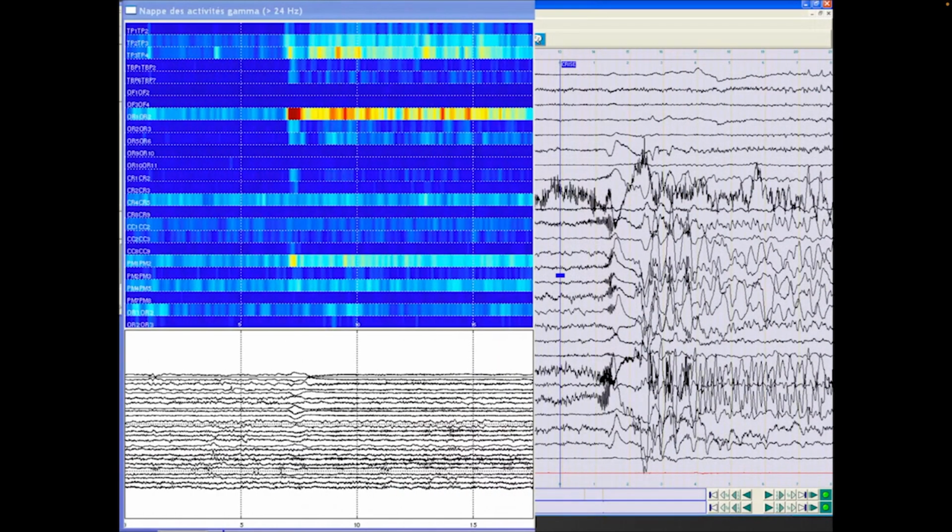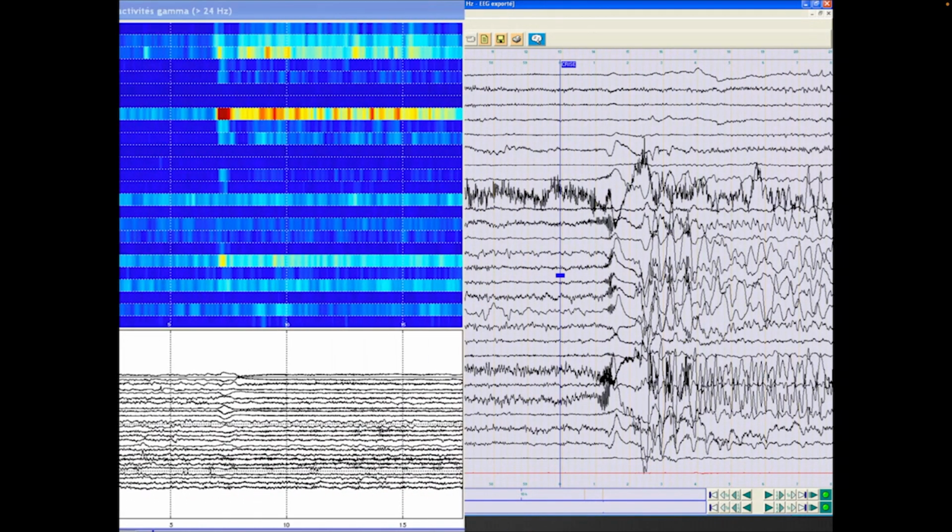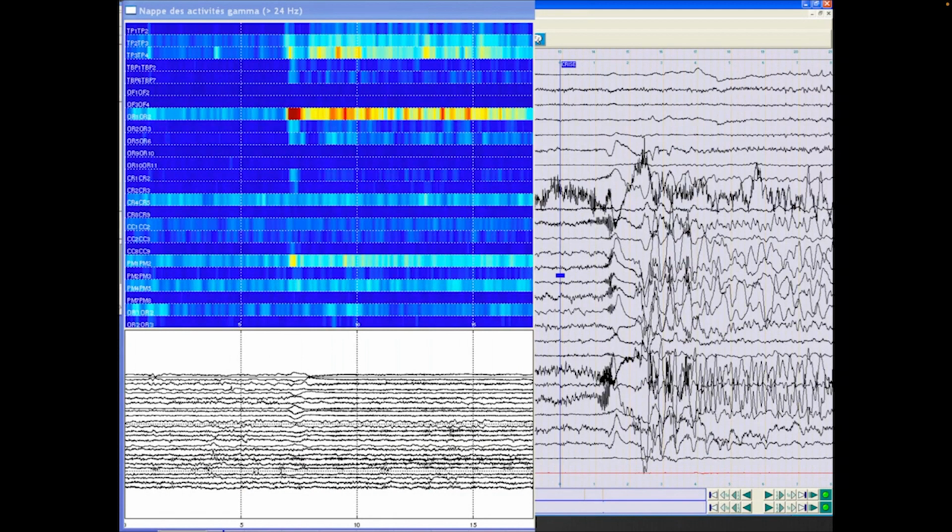And so the seizure was like this. I will show you the anatomy: it started in the orbitofrontal cortex, but the semiology started when all the areas were involved.